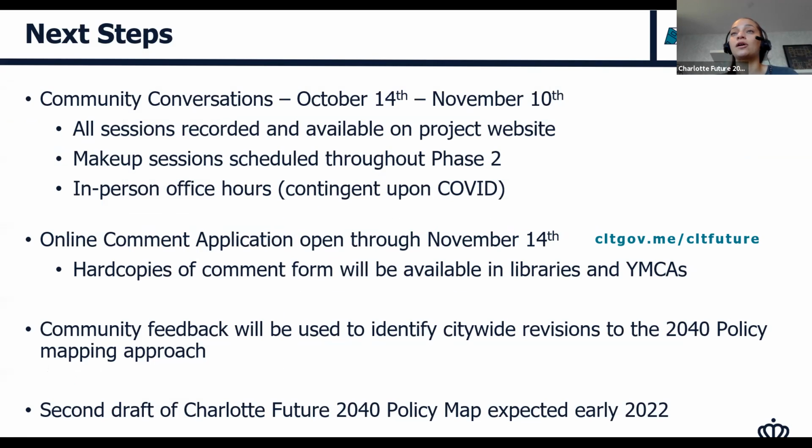If your parents are like my parents, they like to just go and be in person, so keep an eye out, because there may be some opportunities for them in person. The comment application, if you're interested, is open through November 14th. And then a second draft of the Charlotte Future 2040 policy map is expected in early 2022. If you have our website, that's the best way to keep up.